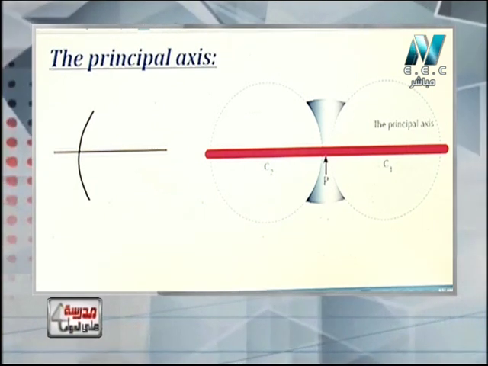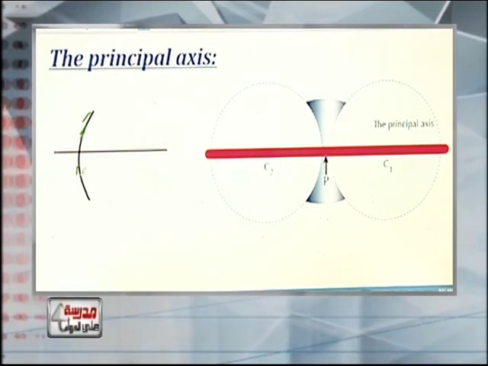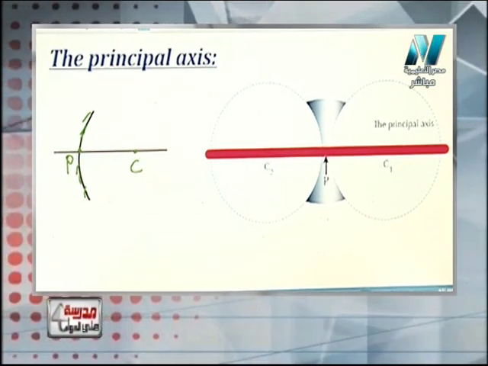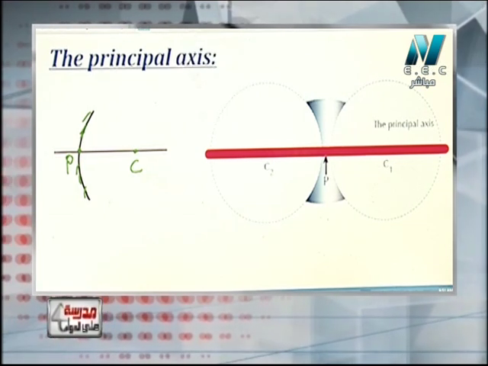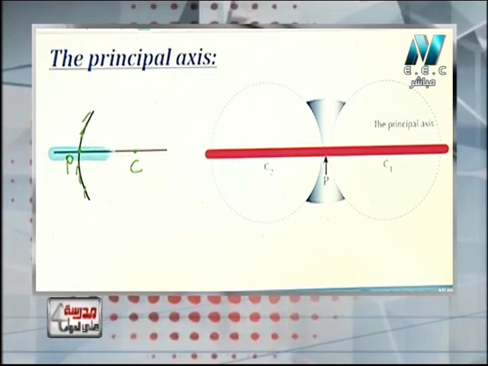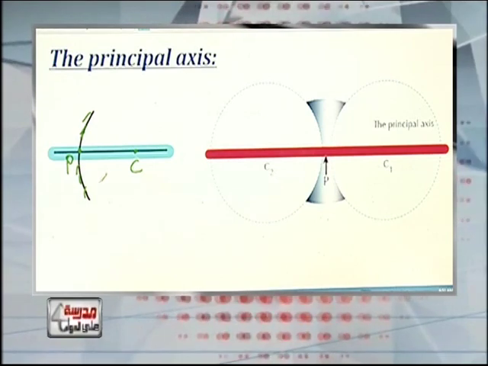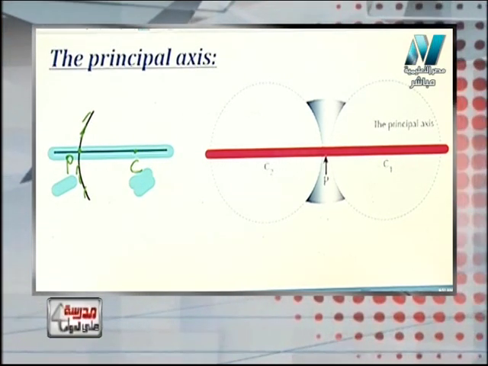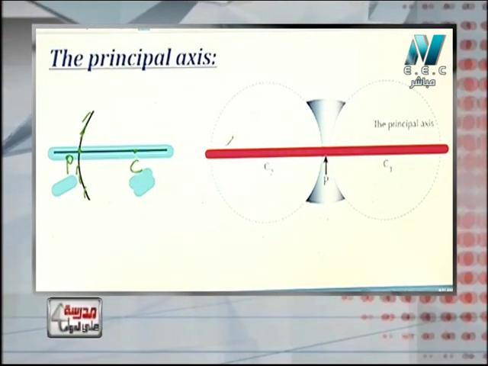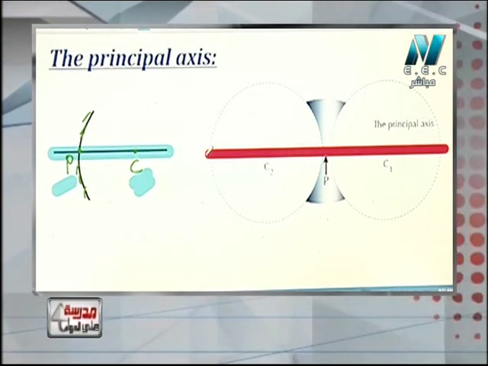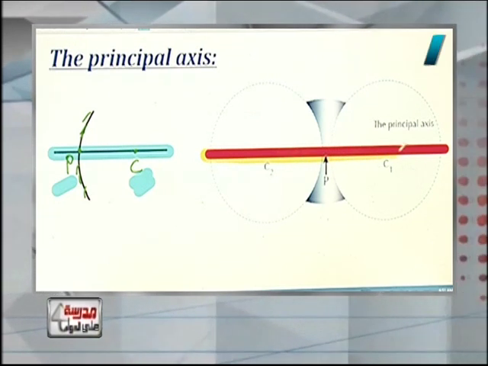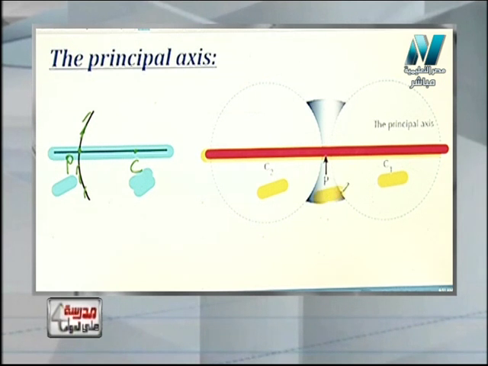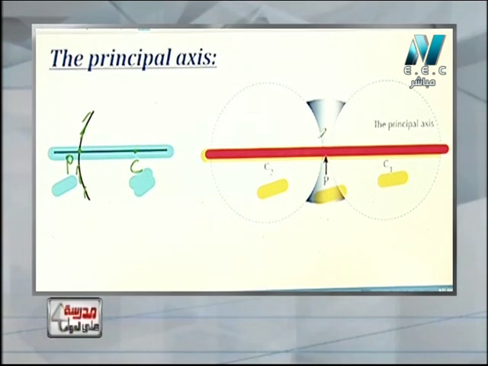We can remember here P, and here we have C. Principal axis of the mirror is a straight line that passes through the pole of the mirror and the center of curvature. And the principal axis in the lenses is a straight line that passes through the two centers of curvature and the optical center.